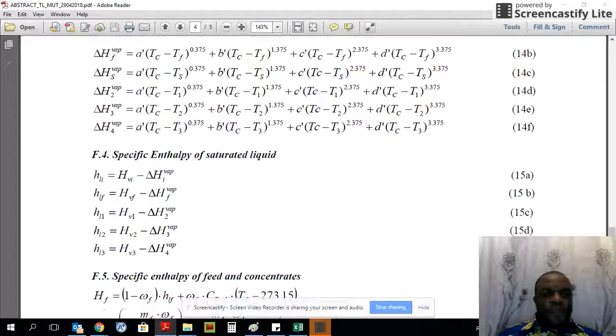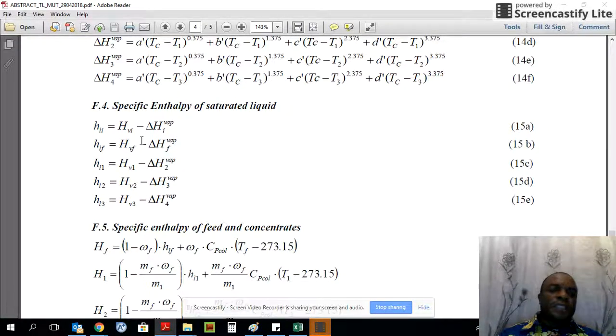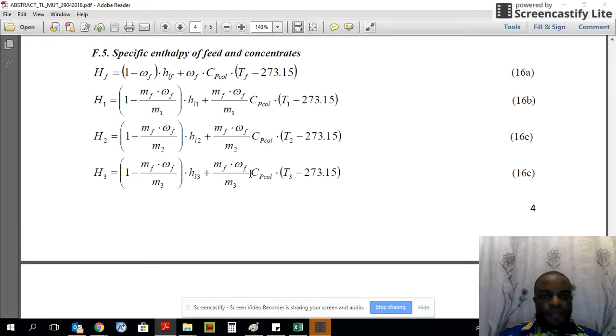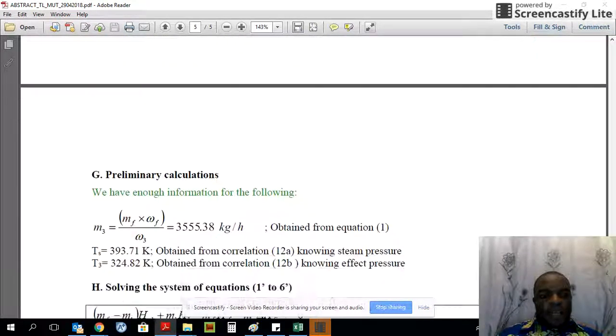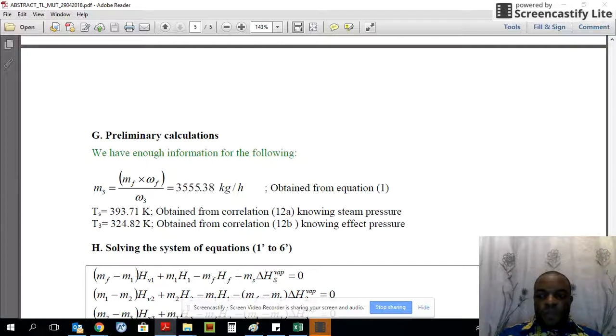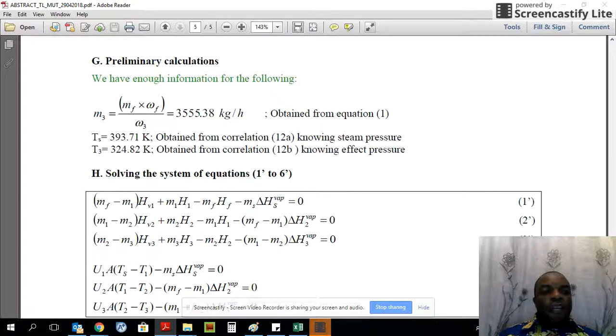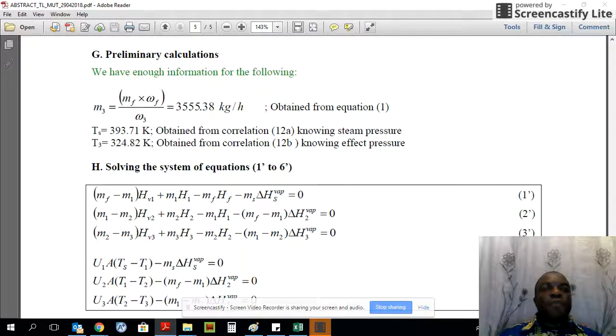And to determine the specific enthalpy of saturated liquid, we subtract the enthalpy of vaporization from the enthalpy of saturated vapor. Now, the specific enthalpy of concentrate is given here.